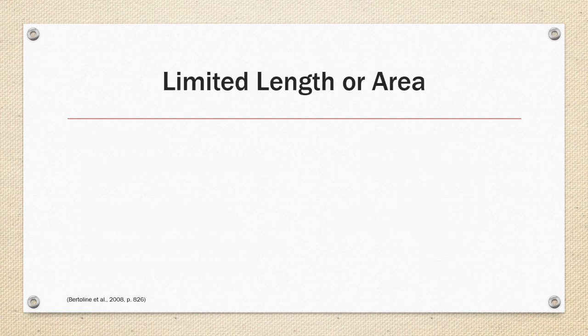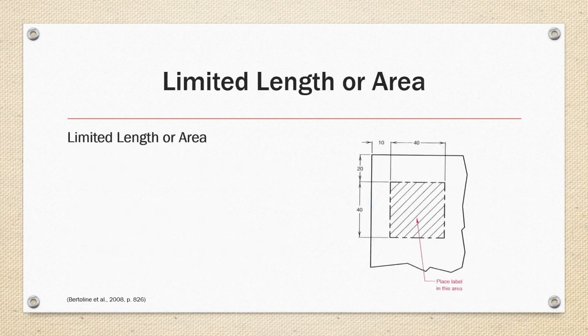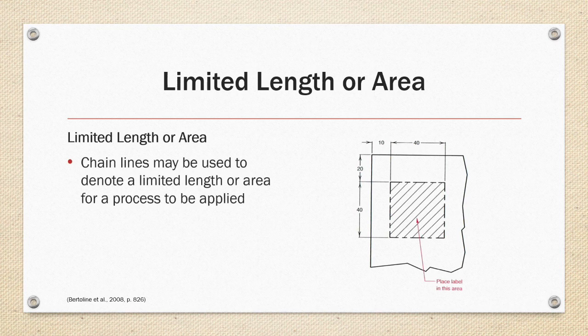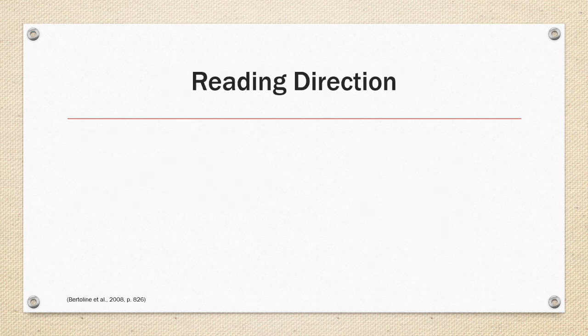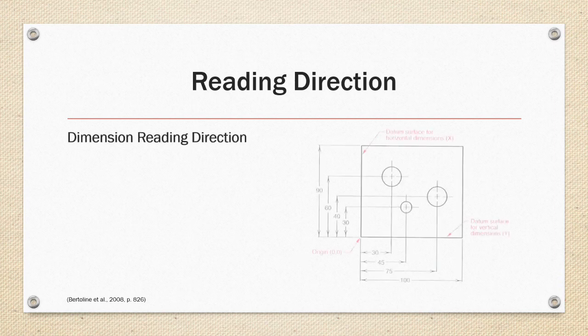Limited length or area. The area or length of a process or surface treatment may be demonstrated with a chain line, as in the example on the right, which has a zone designated for application of a label. Dimensional reading direction.